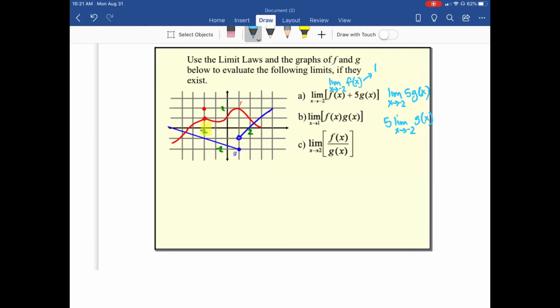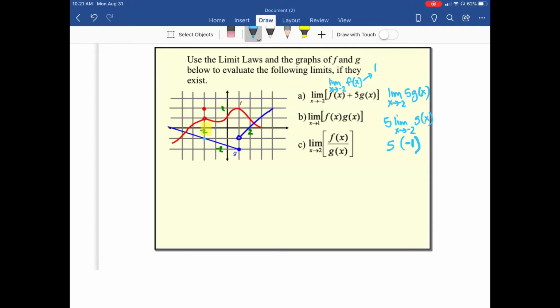So now we go to the blue graph, which is our g. At -2, we look down and see that that limit looks to be -1. So this limit is -1 as we're approaching from both directions, the left and the right. Our y's are converging onto the -1 value.